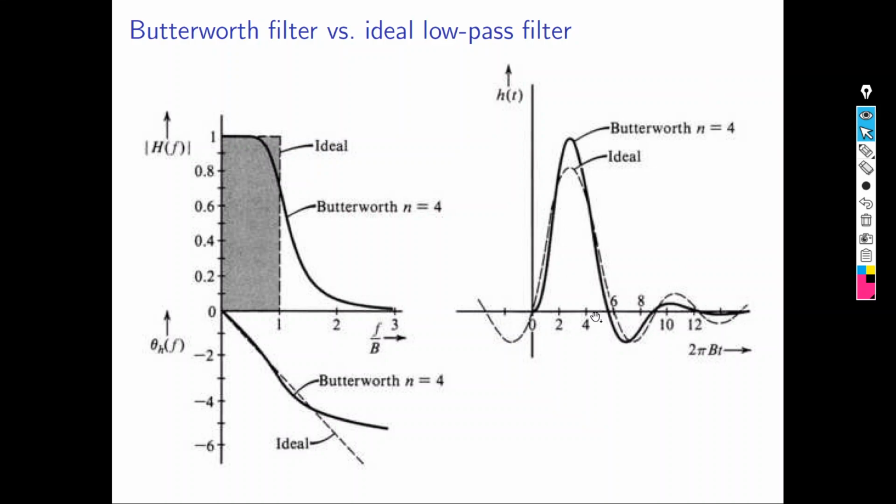In time, because it's close to rect, what's the Fourier transform of rect in time? Sinc. So it's basically sinc. And this is the ideal, and this is better. When n is equal to 4, we call this filter a Butterworth filter, and it compares here the differences between the ideal filter and the Butterworth filter. With 4 components, we get a practical filter.